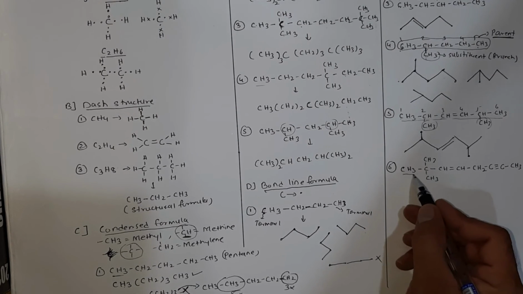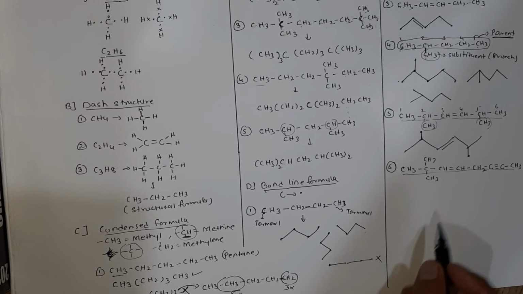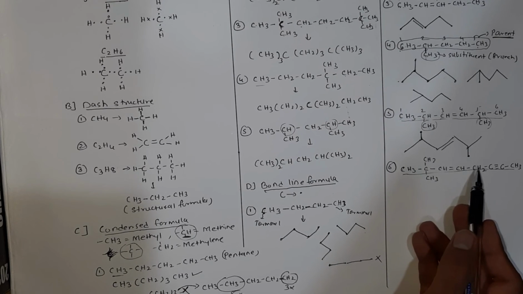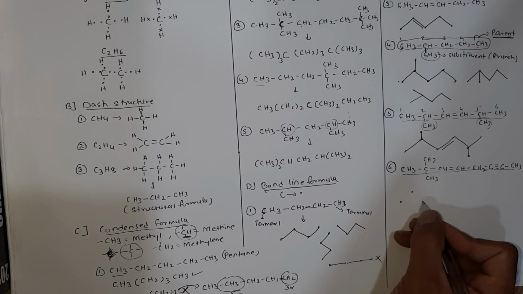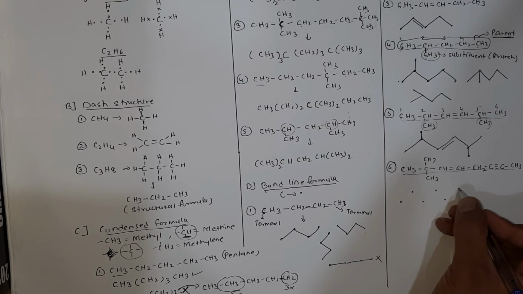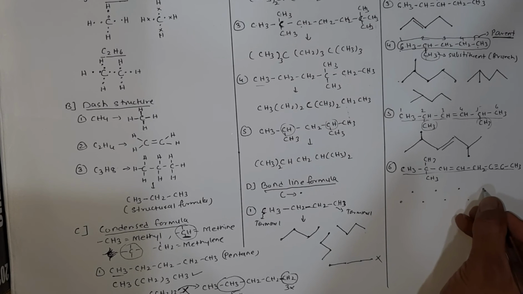So this is your longest carbon chain. How many carbons? 1, 2, 3, 4, 5, 6, 7, 8. 8 carbon atoms.